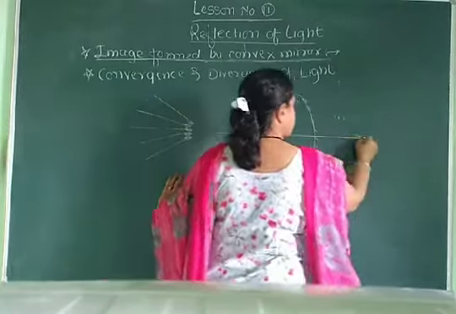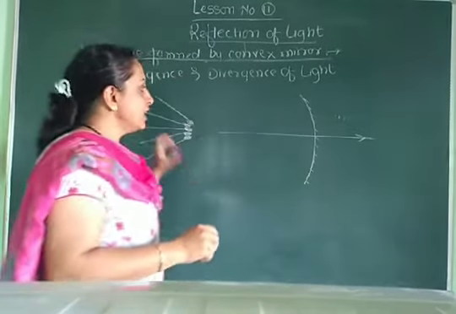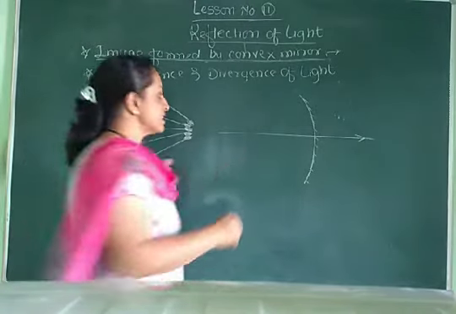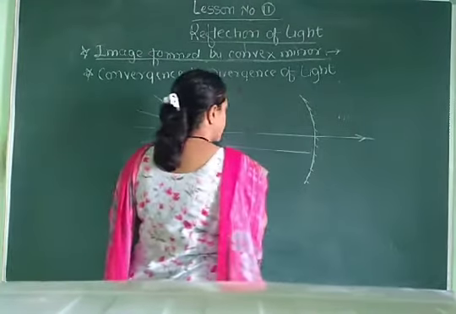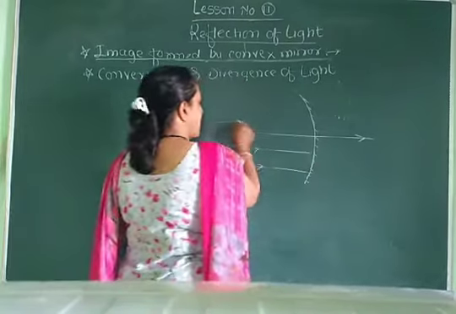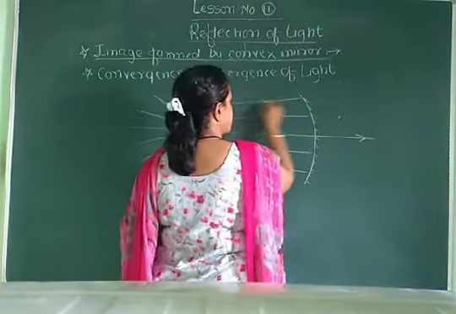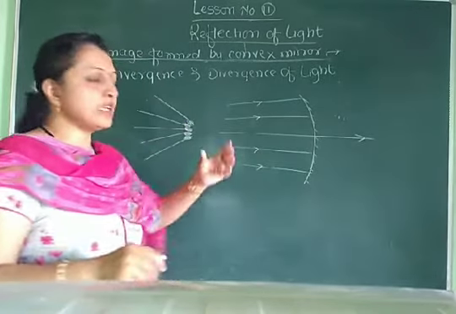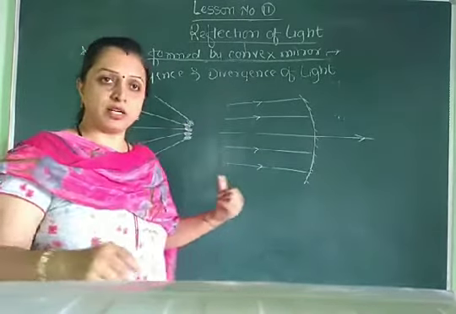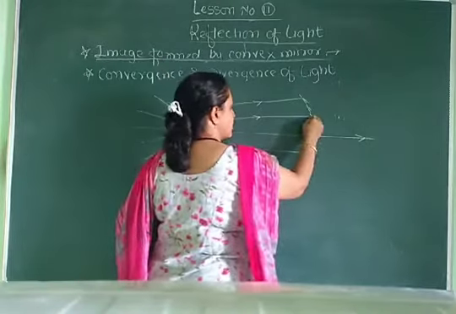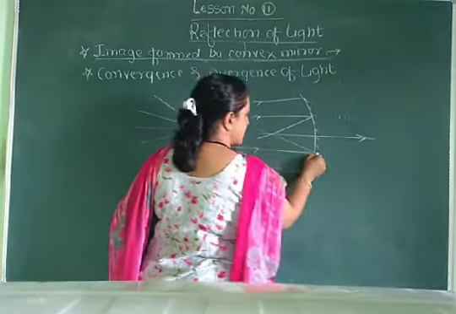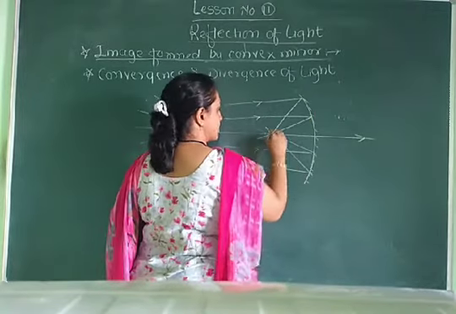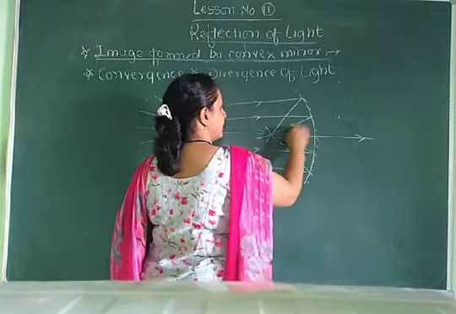This is the principal axis of the concave mirror, and if we take a parallel beam of light, parallel to this principal axis, incident on that concave mirror like this, these are the parallel rays incident on this concave mirror. Then after reflection, all these rays converge at a single point in front of the mirror like this. So these are the reflected rays.